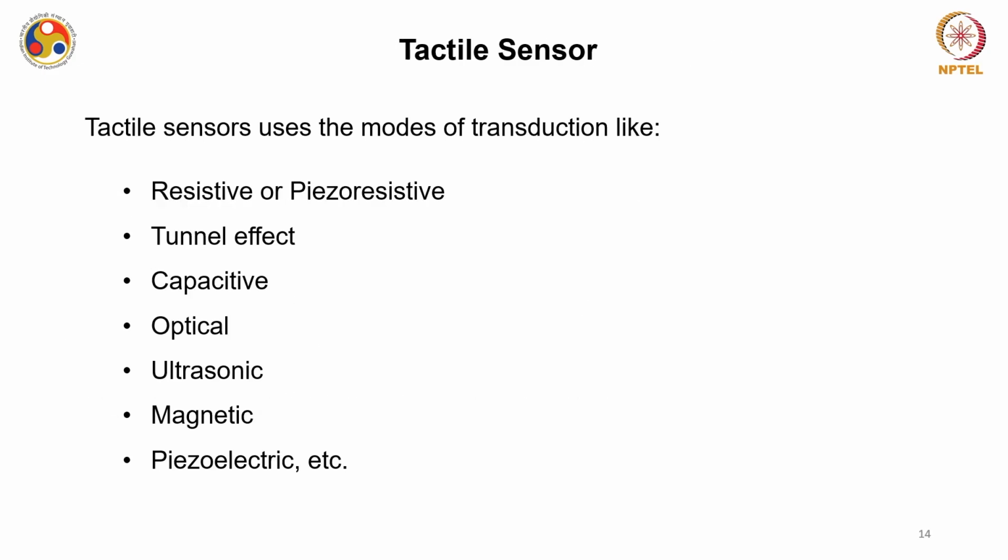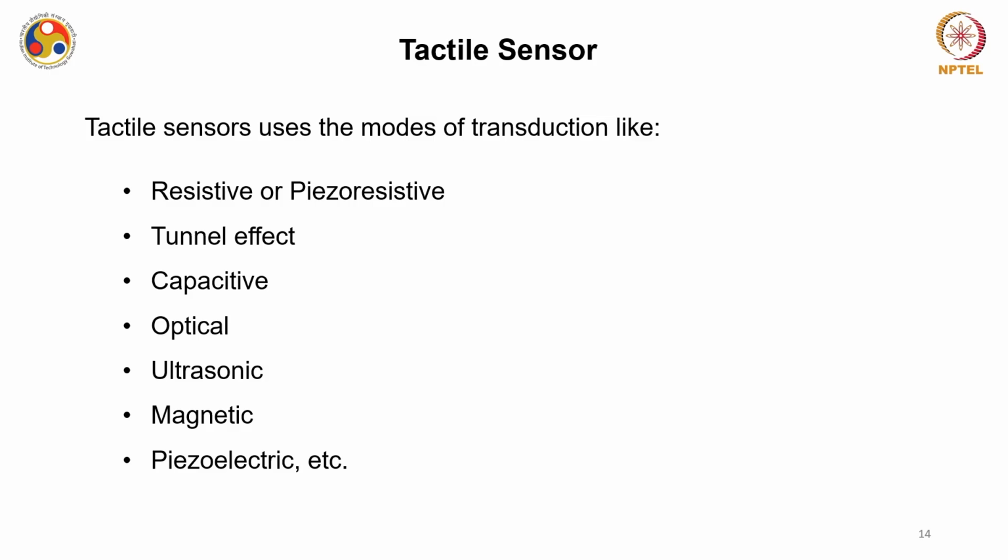So these tactile sensors use different modes of transduction. The modes can be resistive, and also piezoresistive. We'll see the difference between these resistive and piezoresistive tactile sensors also. There are effects like tunneling effects which can lead to a touch or not touch kind of feeling, so the tunneling effect has been used to develop tactile sensors.